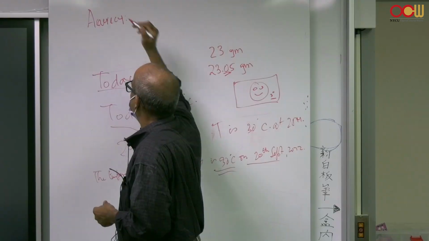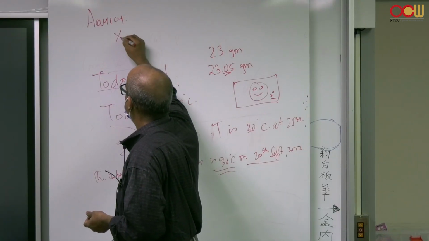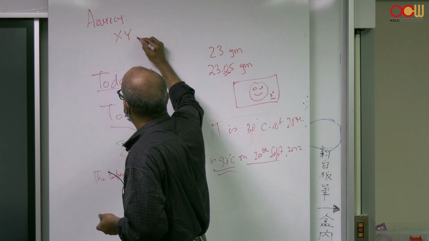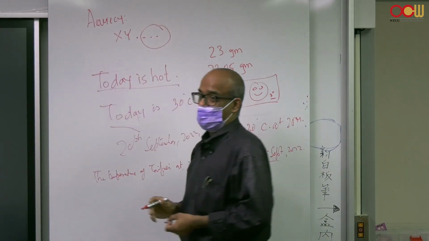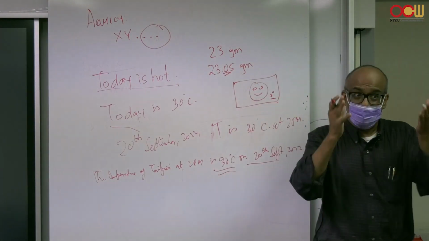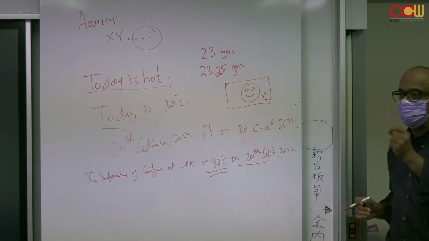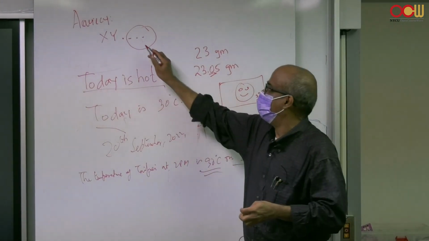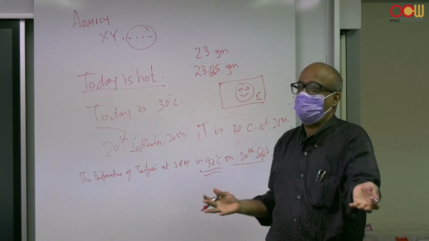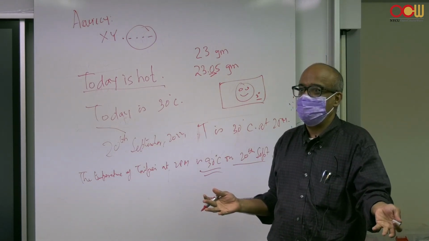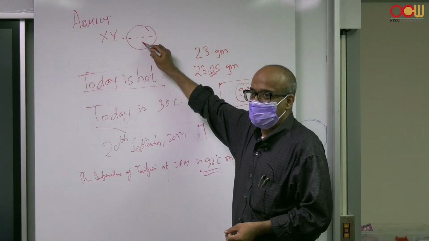Accuracy, a number, let's say xy point something, this is the accuracy you are talking about, and this depends on the machine you are using. So you cannot put a very peculiar accuracy, for example 4-digit accuracy, when your machine cannot give it.